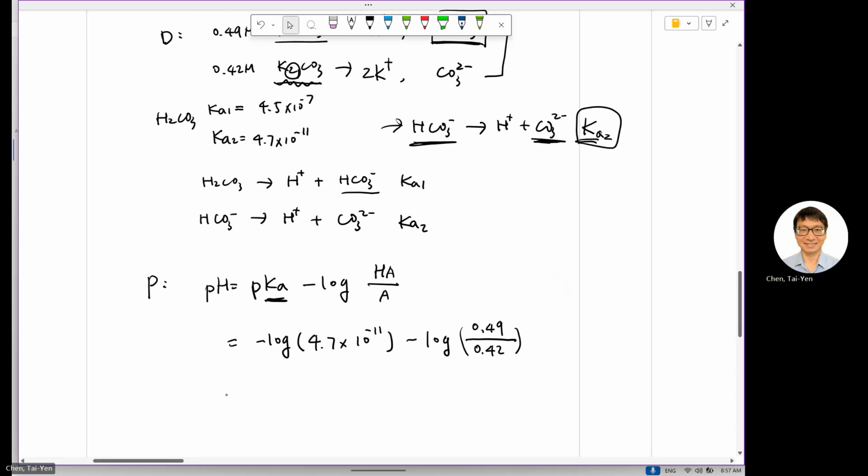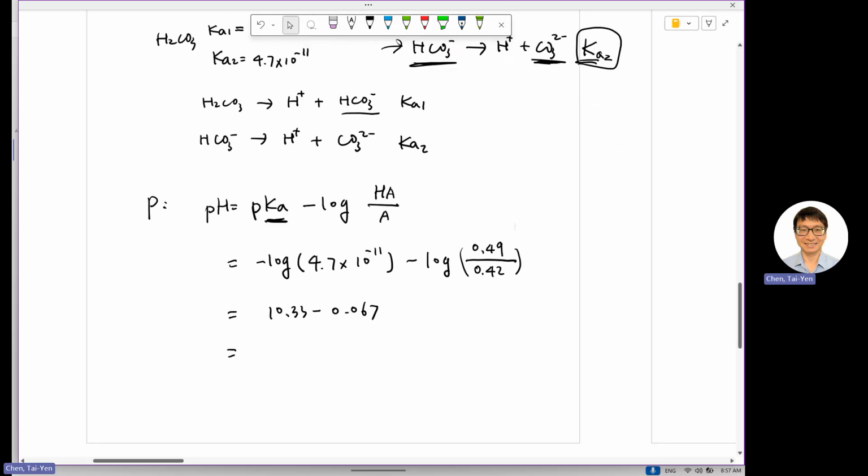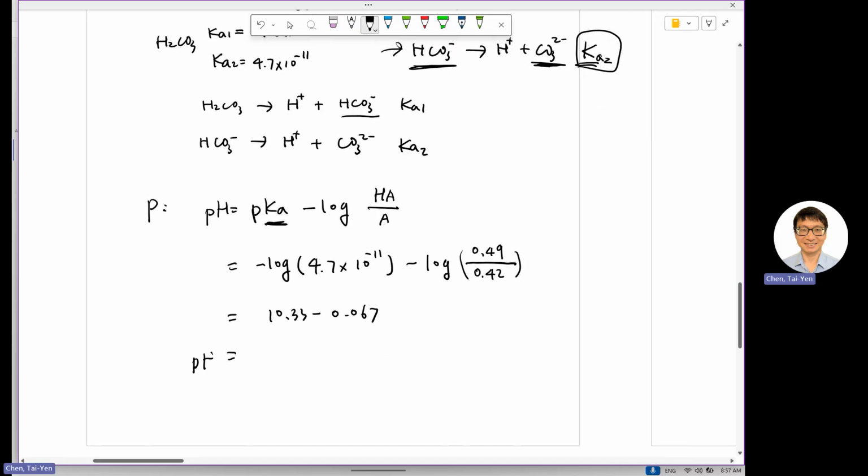Okay. So once you do these things, you will be able to calculate the pH. The first term is 10.33. The second term is 0.067. Therefore, the pH of this buffer is going to equal 10.26. Okay, that's how you solve this problem.